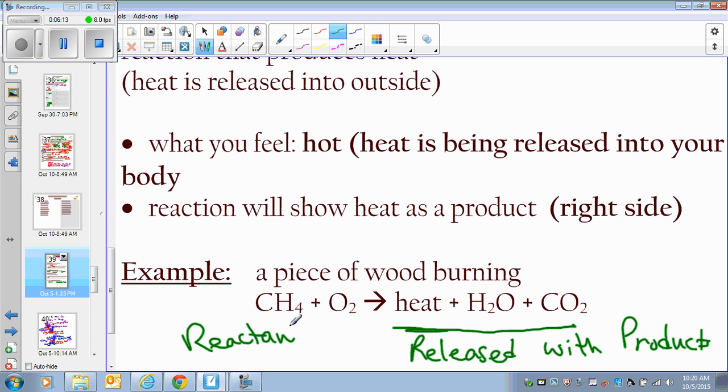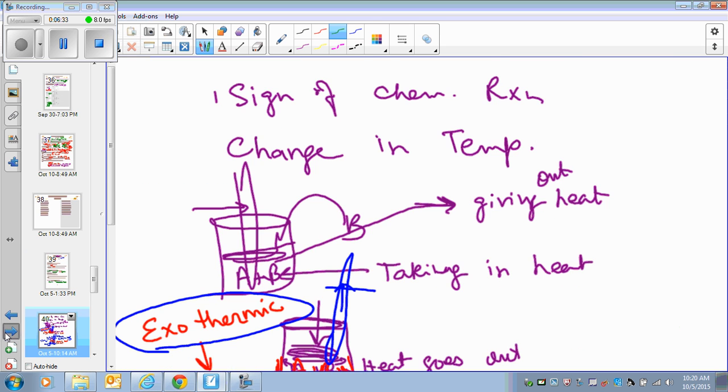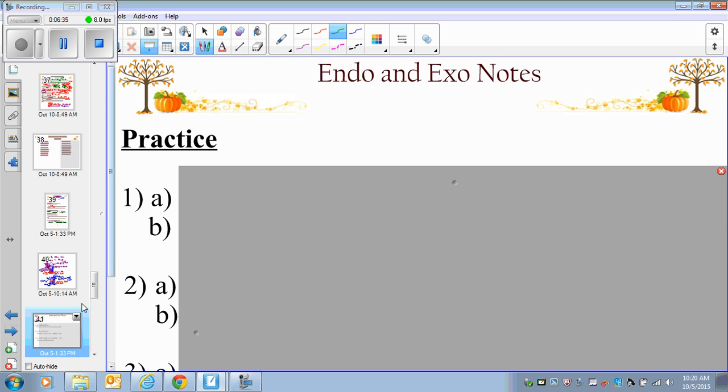Reactants don't need any heat. They will do whatever they need to do and release the heat with the product. So if the heat is on the right side of the equation, after the arrow, it is exothermic. If heat is on the left side of the equation, in the reactant side, then it is endothermic. So this is exothermic and endothermic. You have to take the notes, complete the process, practice the questions, and then go from there.